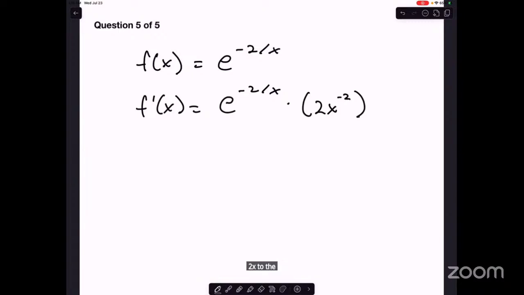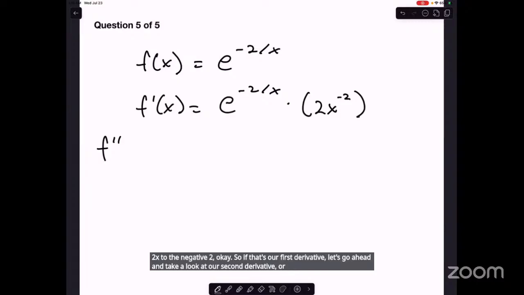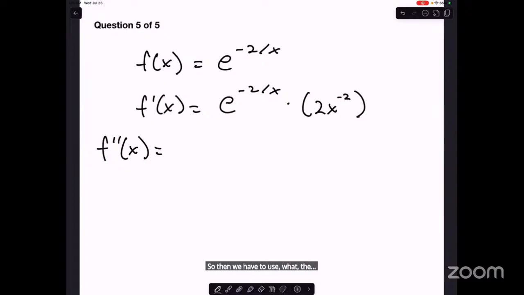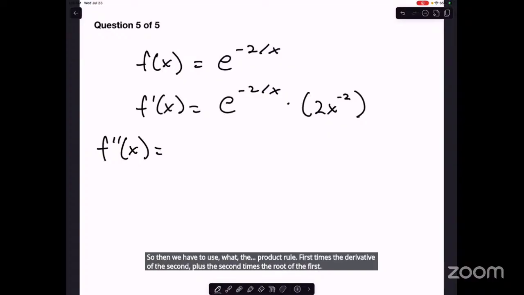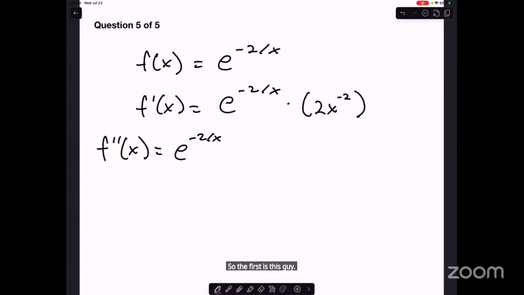Okay. So if that's our first derivative, let's take a look at our second derivative, or f double prime. We take the derivative of this guy, so we have to use the product rule: the first times the derivative of the second plus the second times the derivative of the first. The derivative of the second is -4x to the -3.